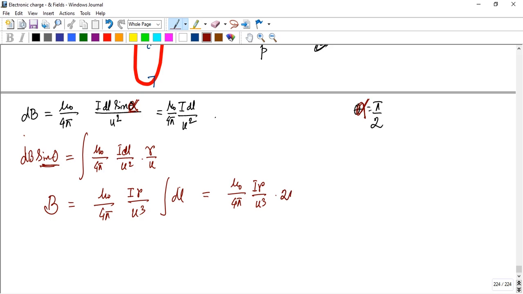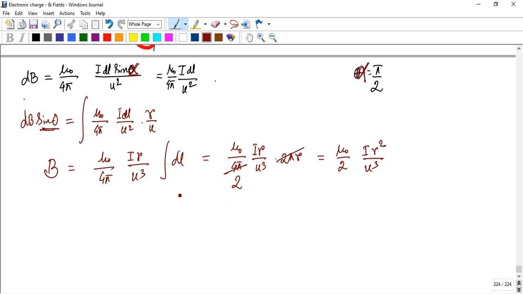Now 2 pi over 4 pi is 1 by 2, so mu 0 by 2 I r square by u cube.